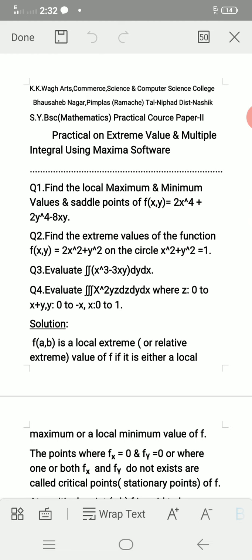Next, last example: evaluate the triple integration of x squared yz dz dy dx. z varies from 0 to x plus y, y varies from 0 to minus x, x varies from 0 to 1.